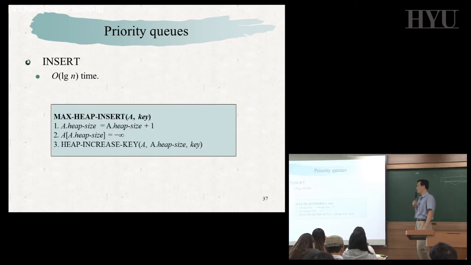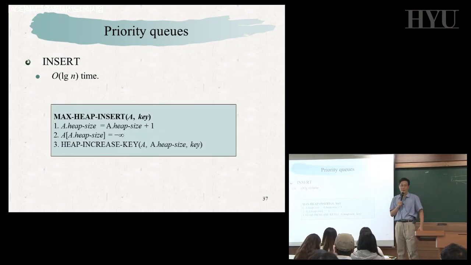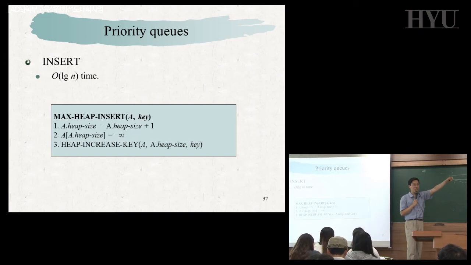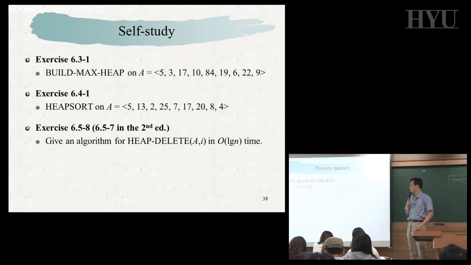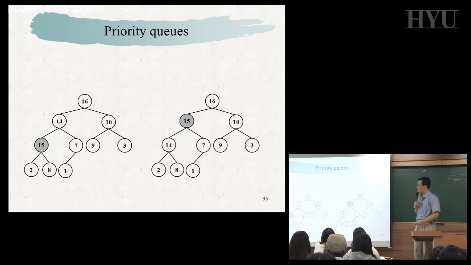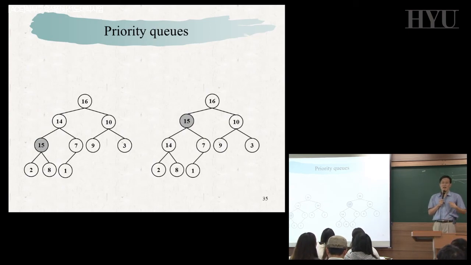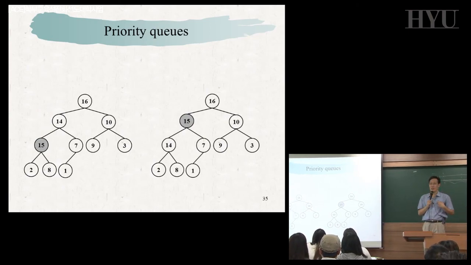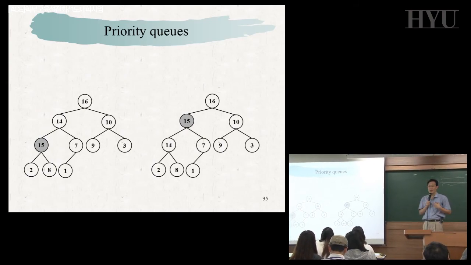And then finally, the insertion operation. Insert a new key in a heap. And it's not difficult. It's the same as like this. I'd like to insert a new key, 10, in this heap.